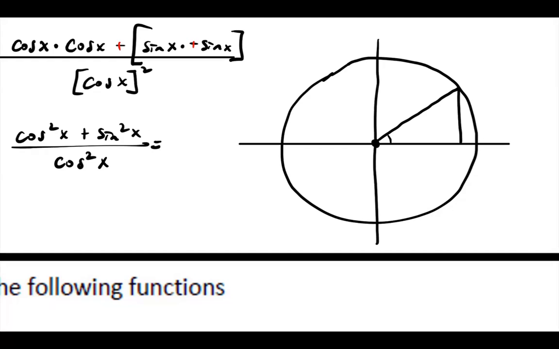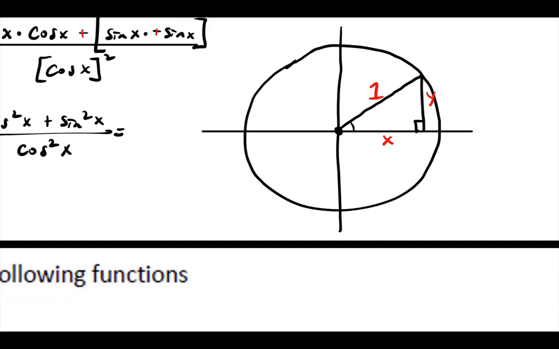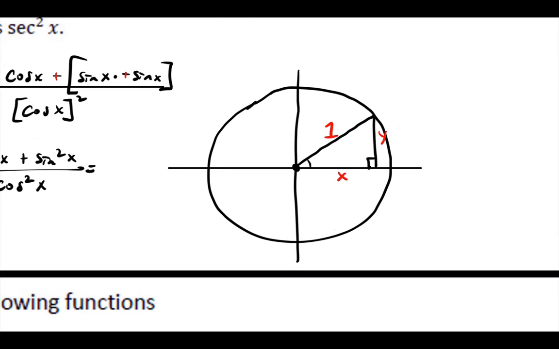We know this is y right here, and this is x down here, right? And this is r, which on the unit circle is always 1, right? So this is a right triangle. All the triangles in the unit circle are right triangles, right? So what is the theorem that goes with right triangles? Pythagorean theorem, right? And the Pythagorean theorem said a squared plus b squared equals c squared.